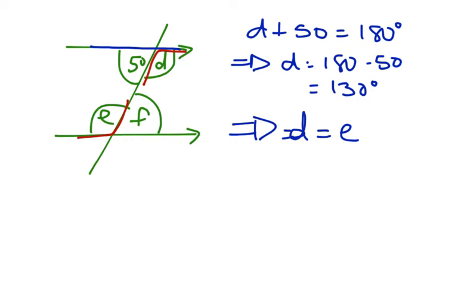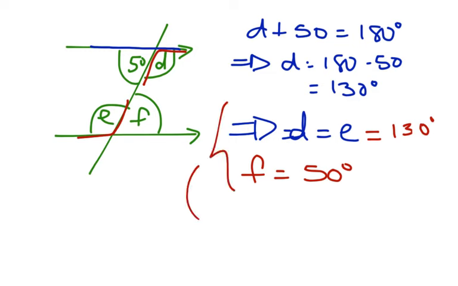So if D is 130, so is E, 130 degrees. Last of all, F is alternate to 50 degrees, so F is 50, because they are alternate.